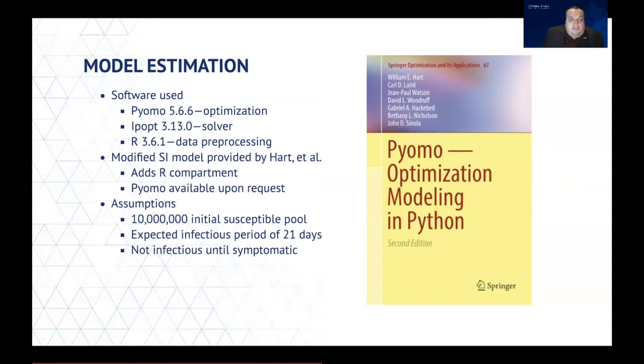We add the R compartment, and I can make the Pyomo code available upon request. We make some basic assumptions. There are 10,000 people in the initially susceptible pool. We also make 2 other basic assumptions: that the infectious period will be 21 days, and that people are not infectious until they are symptomatic.